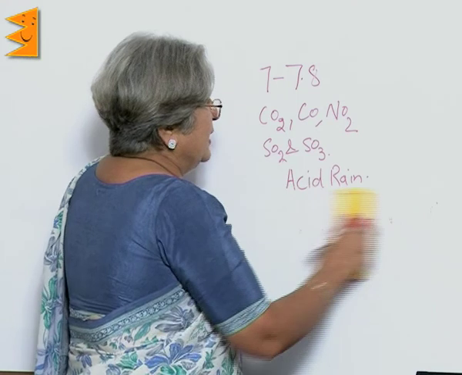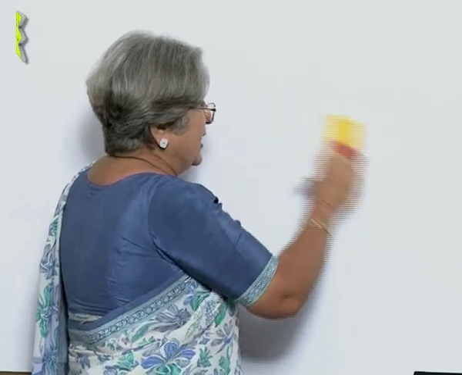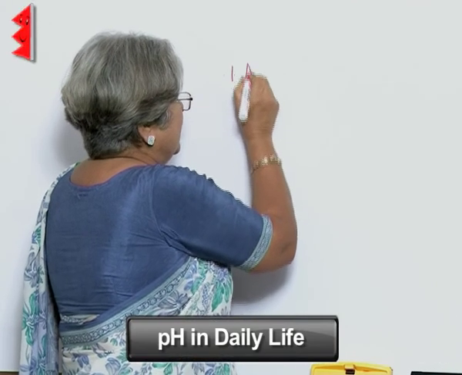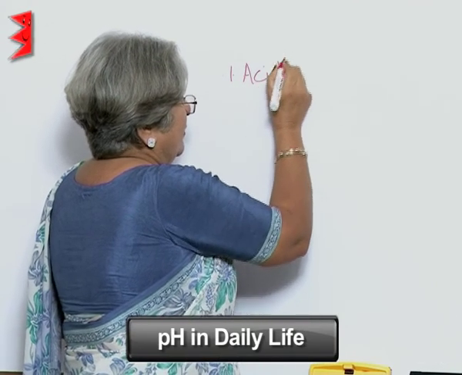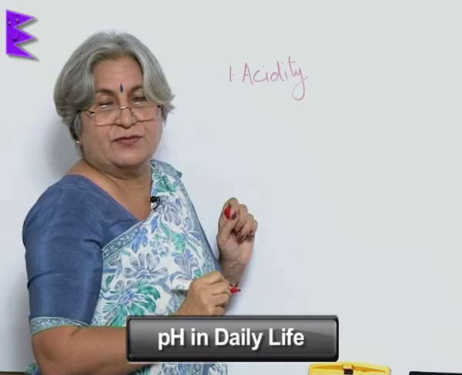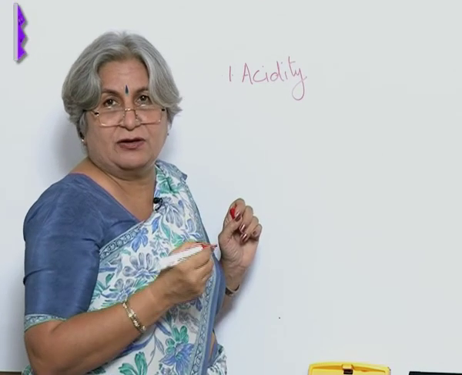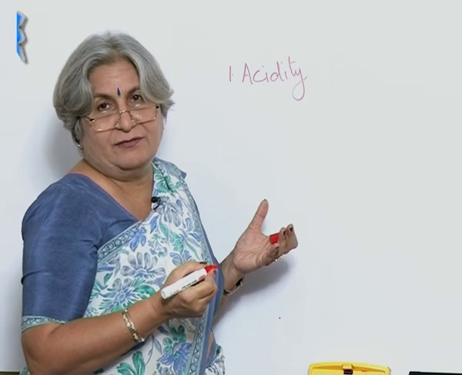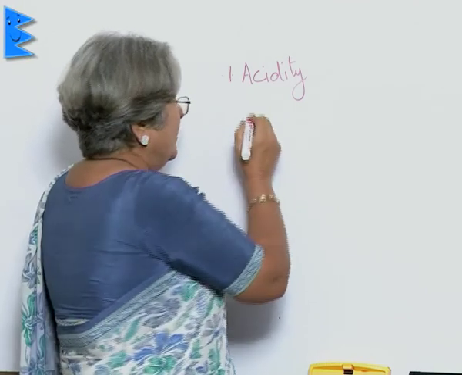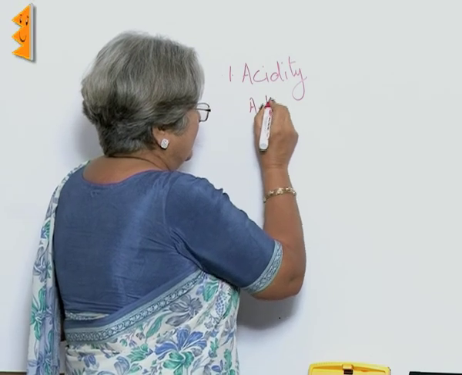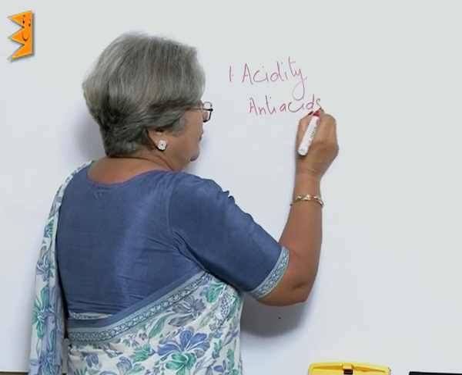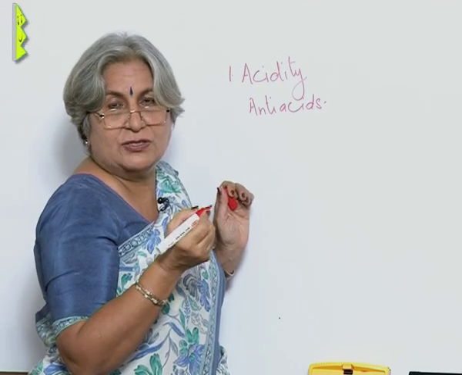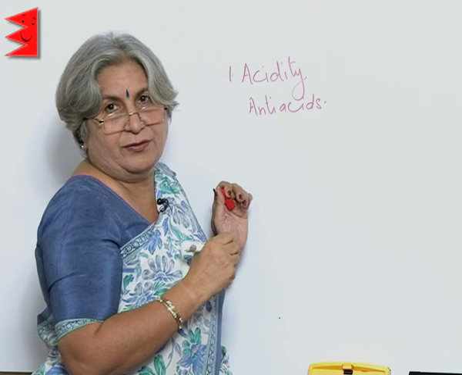Now, coming to pH in day to day life, one example is that of acidity, which I have already discussed with you, that when excess of hydrochloric acid is produced in the stomach, we get acidity, which can be neutralized with the help of antacids, which are basic in nature like soda bicarb and also milk of magnesia or ENO.